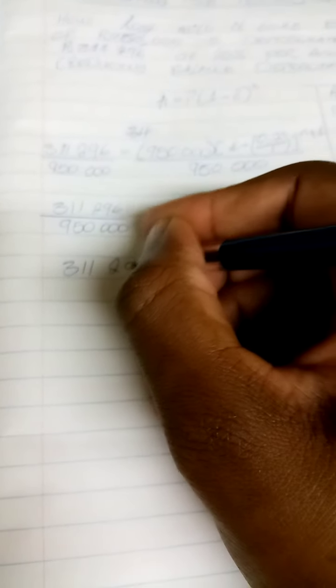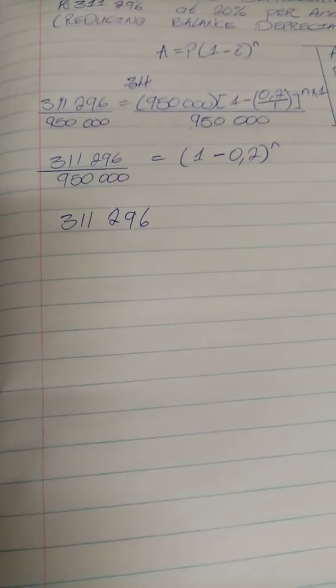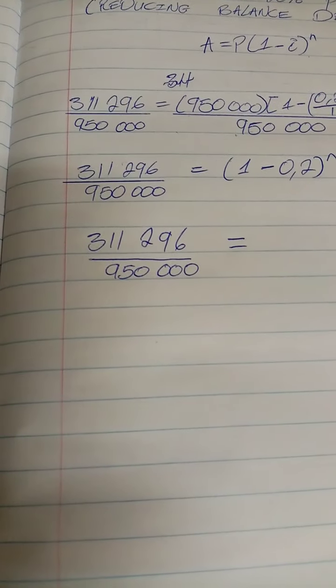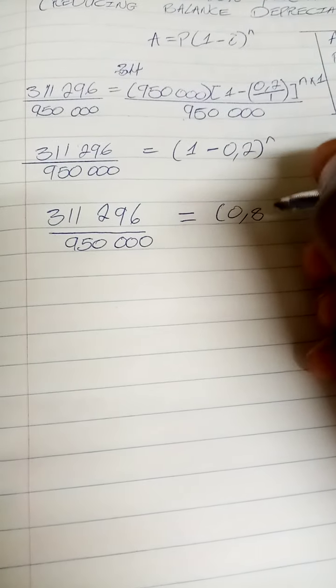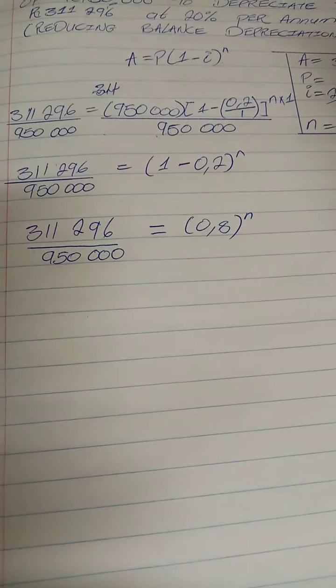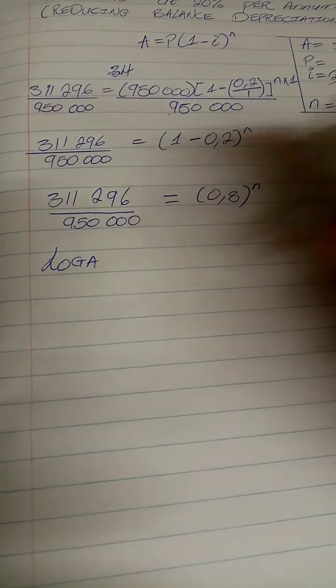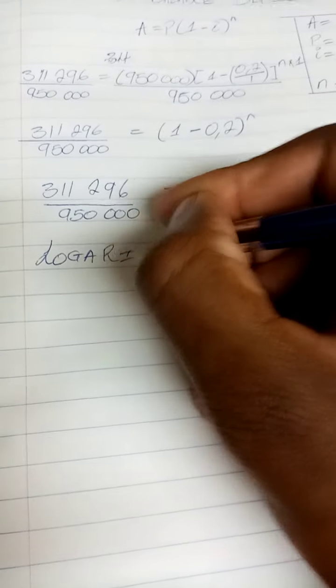Therefore, 311,296 over 950,000 is equal to 0.8 to the power of n. So now at this point, what we're going to be looking at is logarithms.